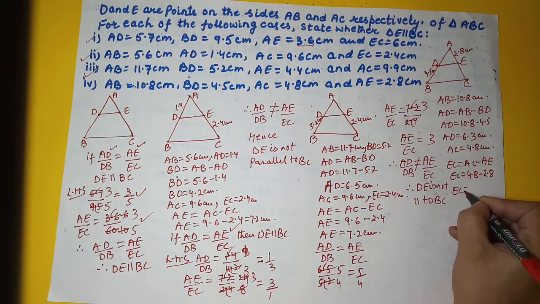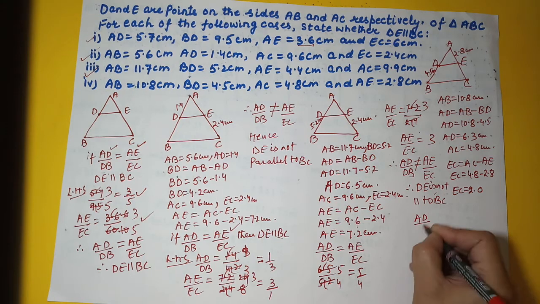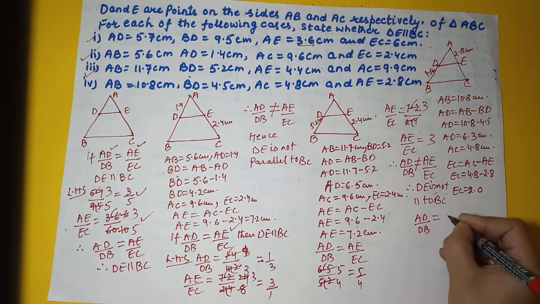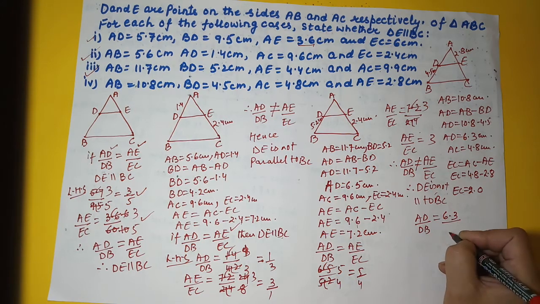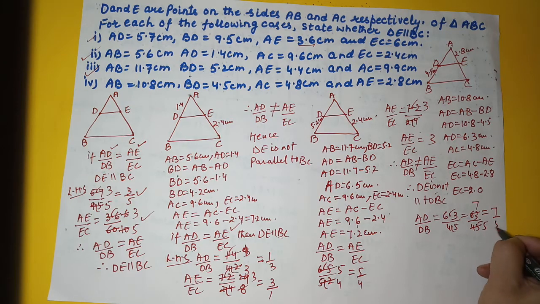So my EC will be 2, right? Now let me check what is AD upon DB. AD upon DB is 6.3 upon DB is 4.5, right? This and this will go. So I got 63 upon 45. 9 sevens are, 9 fives are. So I got this as 7 by 5.